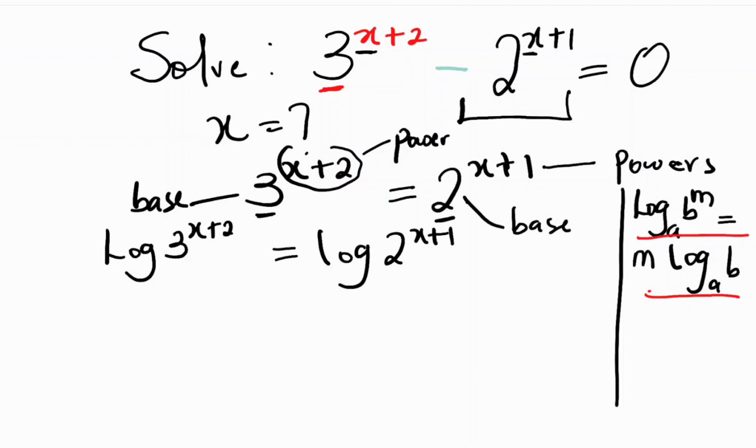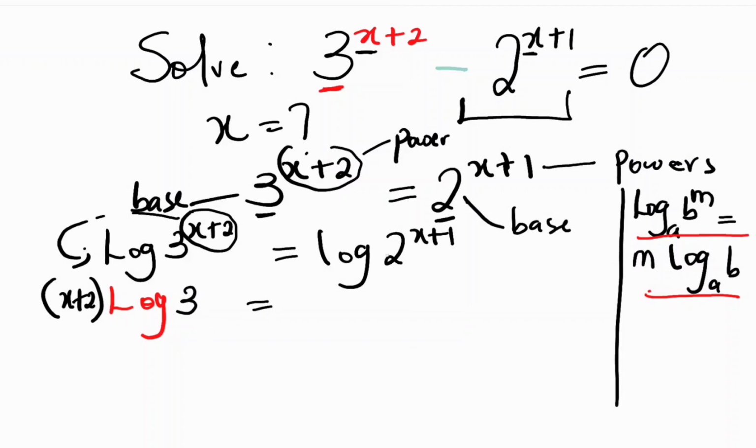So applying it, you can now see we have x plus 2 now multiplying the logarithm of 3 is equal to x plus 1 multiplying log 2. Okay? So the next thing we have to do is just simply to open up this bracket. Remember, this is log 2 and this is log 3.